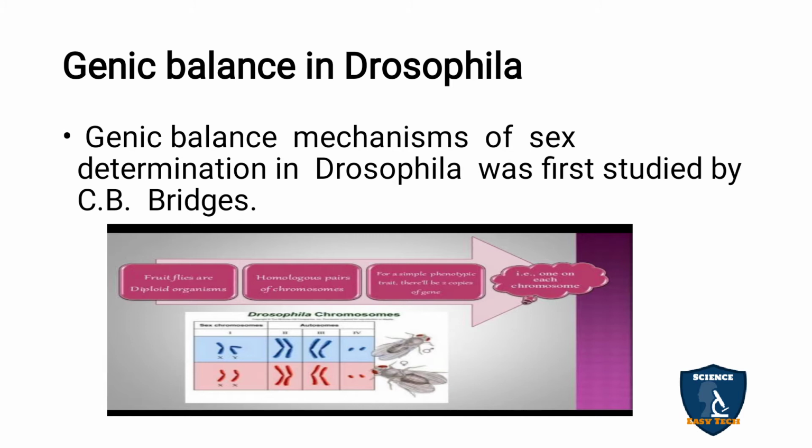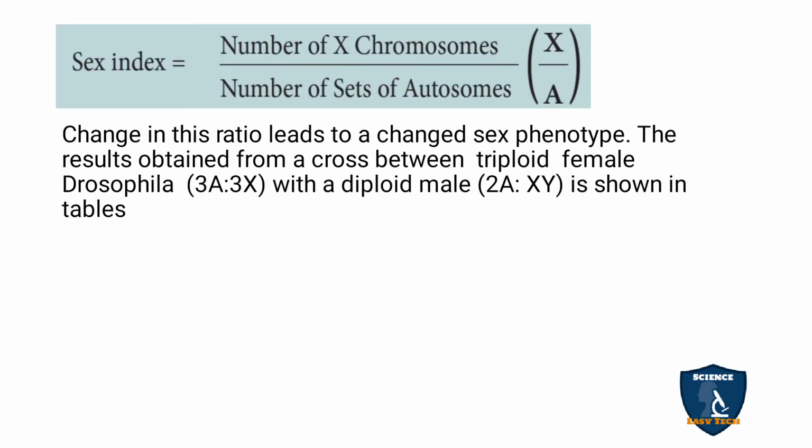It is denoted as the sex index, with the formula: sex index equals the number of X chromosomes divided by the number of sets of autosomes, that is X by A. If there is any change in the ratio, it leads to a change in the sex also. For that we are going to see an example, and the results can be obtained from it.